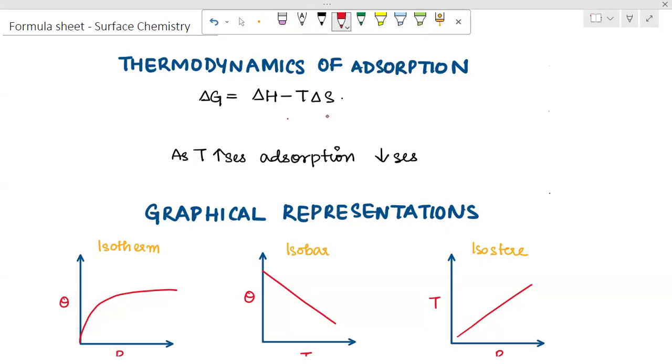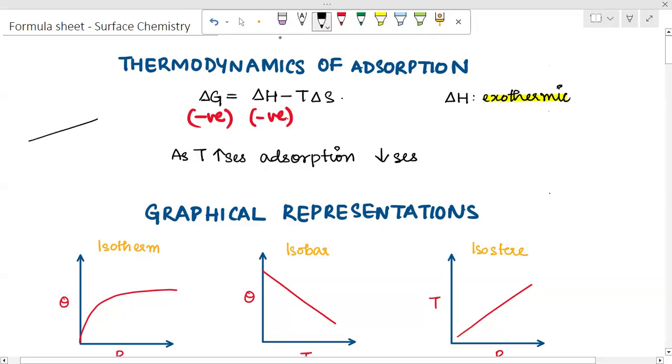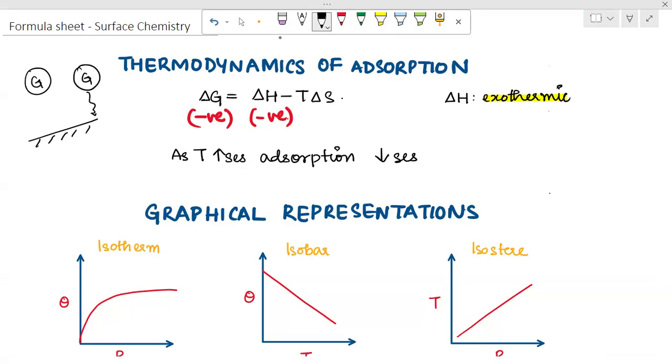To keep delta G negative, note that delta H is exothermic for adsorption and hence negative. As for entropy, you have a surface and random gaseous molecules come and attach to the surface, so here also delta S is negative. So all the parameters with respect to adsorption are negative.